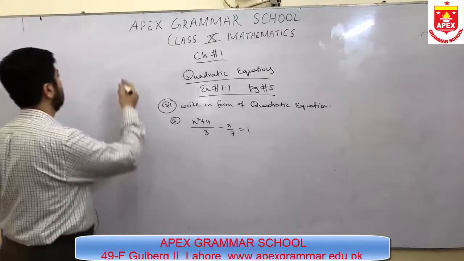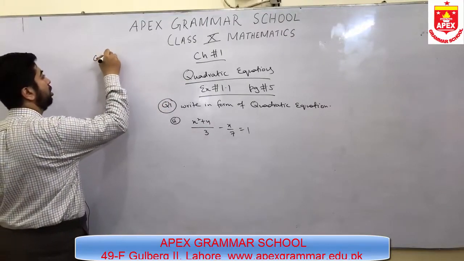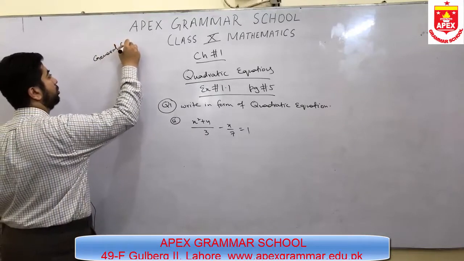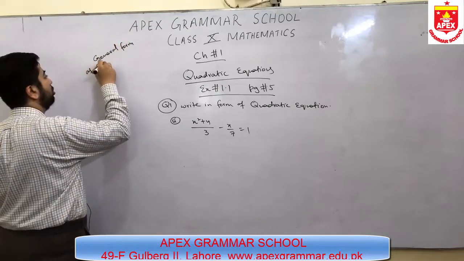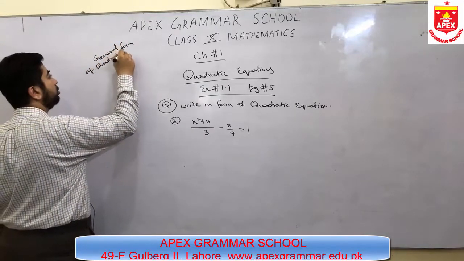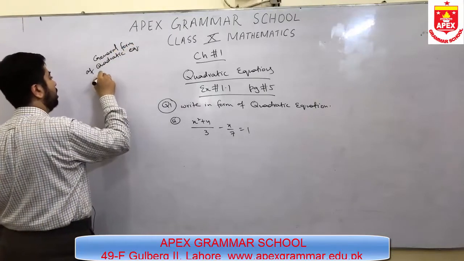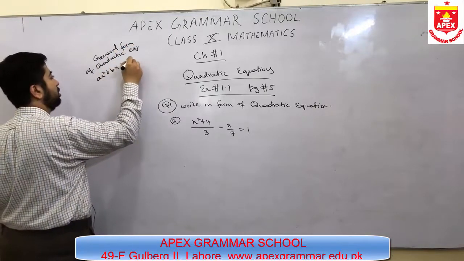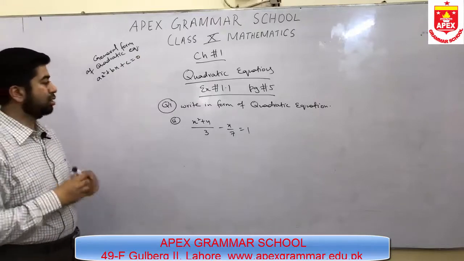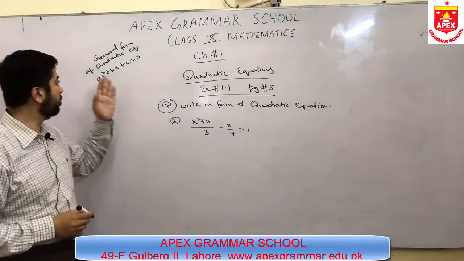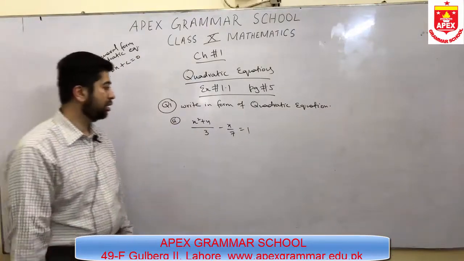You can see the general form of a quadratic equation is ax square plus bx plus c is equal to 0. Just write this equation in the form of this one, and that's it.